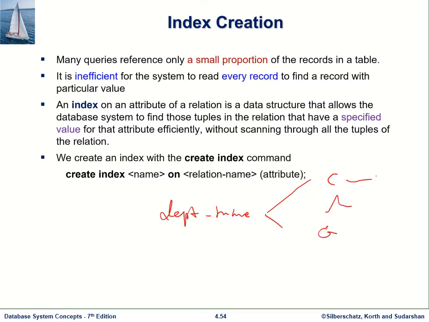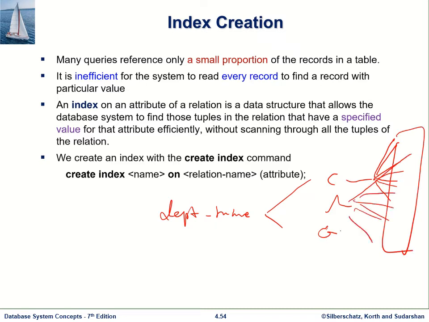Each one we just map to some locations of the record. So with this index, we can easily find out which records are needed. So we don't load all of them into memory, we only load the indexed ones. For example, only those belonging to computer science, and then into memory, and then we do the rest of the query. So this is the idea.